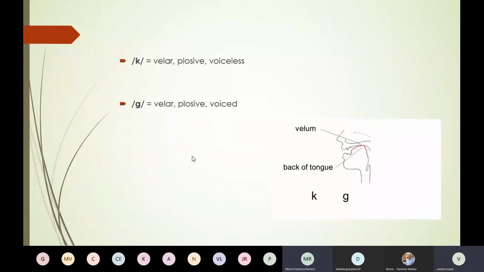Thank you. Both of them are plosive because when we produce them, there's like a stop of air. I don't know if I'm explaining all right. Okay. And K is voiceless because there's no vibration in the throat, and G is voiced because there's a vibration.